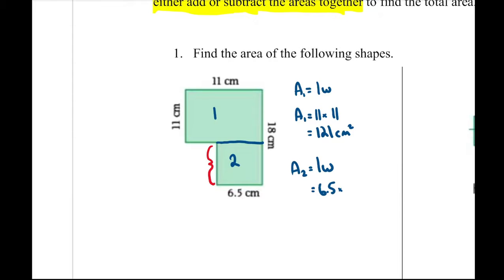However, I can calculate it because I know the entire distance here is 18, and I know that the top part here is 11, so whatever's left over, or the difference between 18 and 11, is going to be the measurement of this section here. So this measurement here is 18 minus 11, which equals 7 centimeters. So this distance is 7 centimeters.